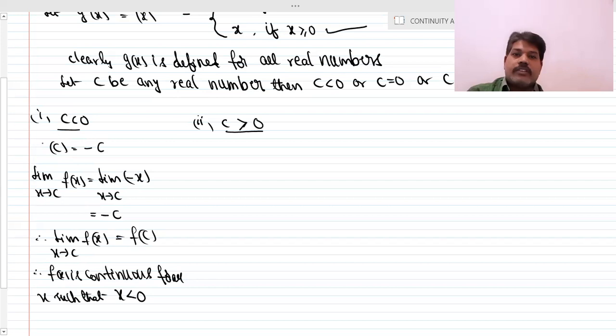We take this function as g. So g of x is continuous for all x such that x is less than 0.